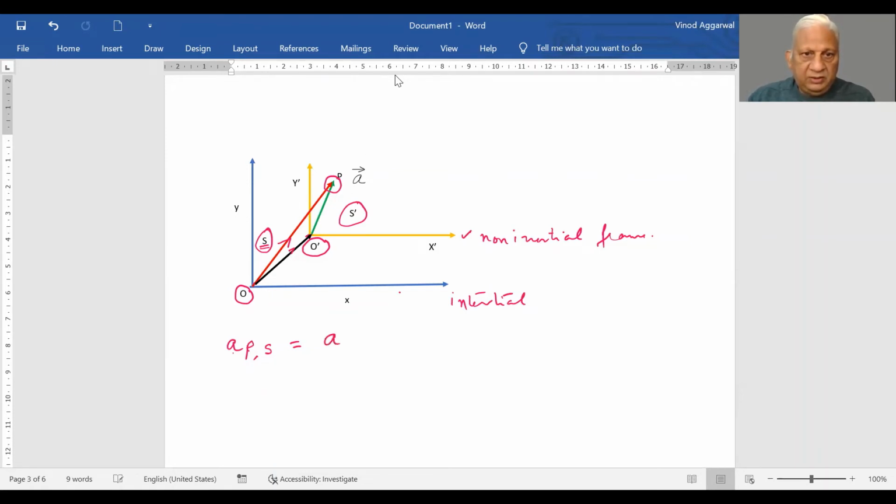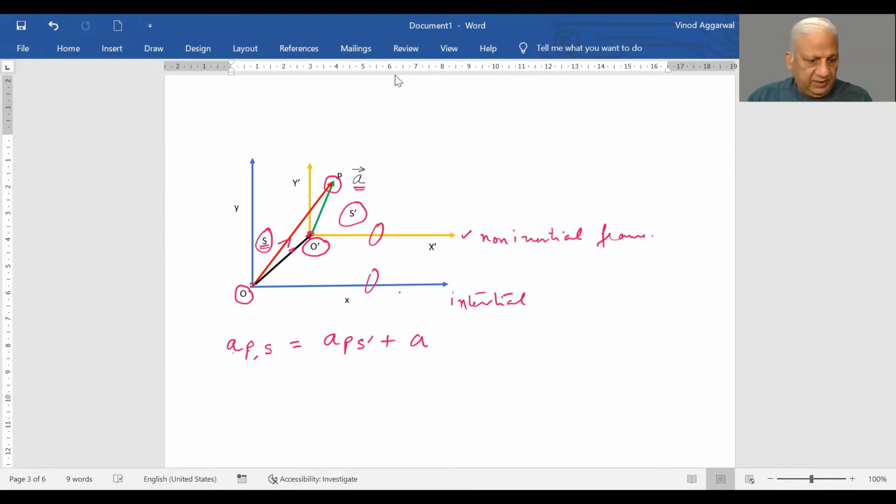It is nothing but the acceleration of P as seen by S dash, acceleration of this as seen from this frame of reference, plus this another vector which comes here, and this comes because of relative acceleration between the two frames, between this frame and this frame.